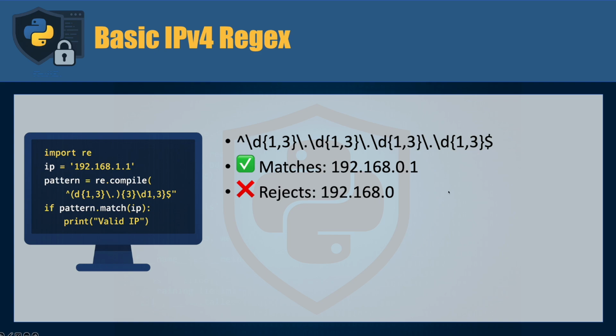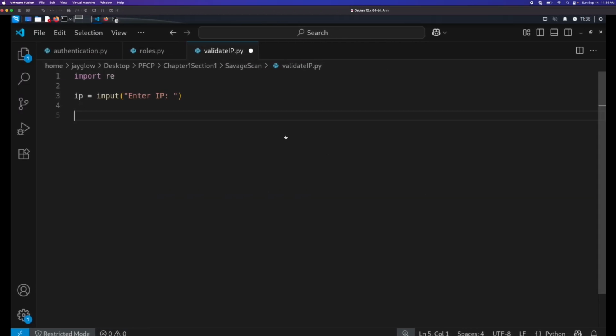So let's go ahead and start building this. We'll say our regex equals, and we're going to use r for a regular expression. We'll anchor to the front, then the first digit, and then we want 3 digits.